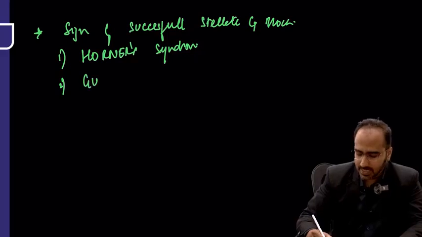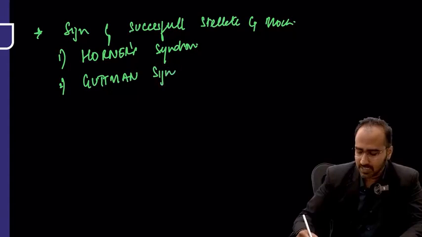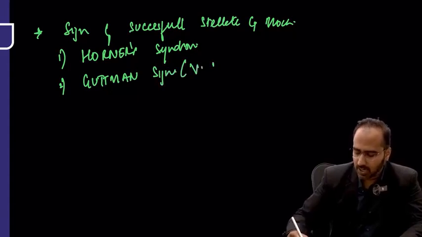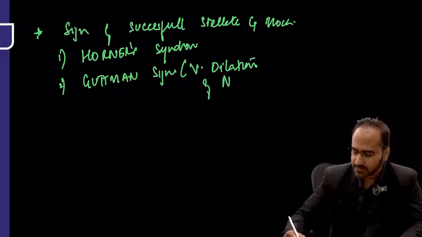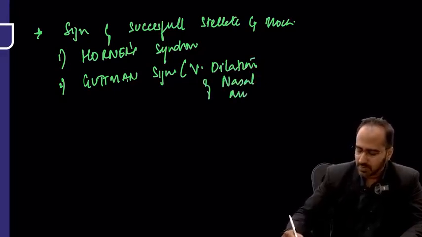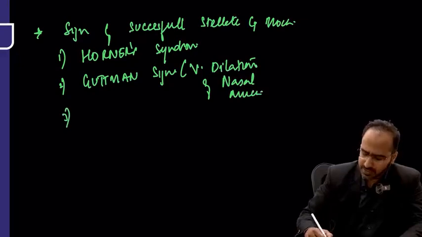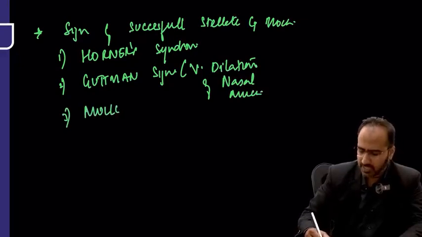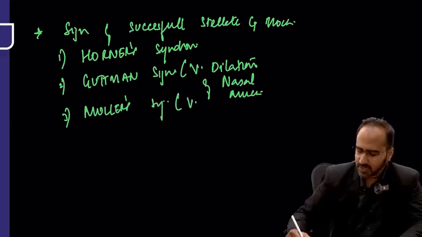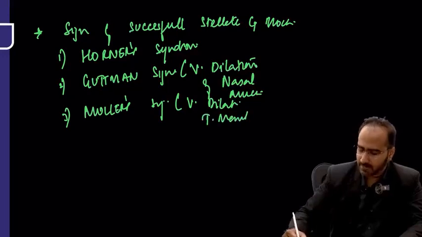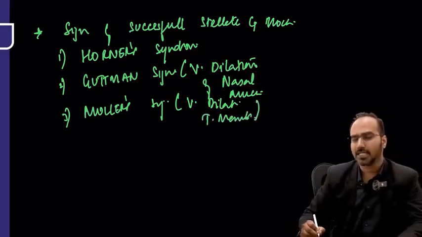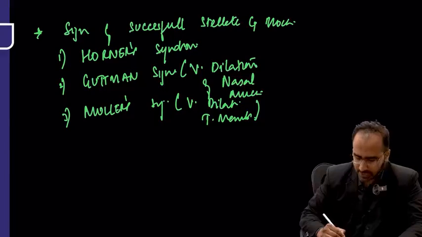Second is Guttmann's sign. What is Guttmann's sign? Vasodilation of nasal mucosa. Third sign is called Muller's sign. Muller's sign is nothing but vasodilation of the tympanic membrane. These are the signs of achievement of a stellate ganglion block.